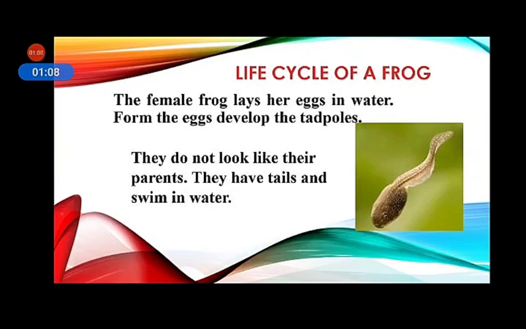The female frog lays her eggs in water. From the eggs develop the tadpoles. What are tadpoles? Tadpole is the larval stage in the life cycle of a frog. We can call it larva of frog, which come out from the eggs.